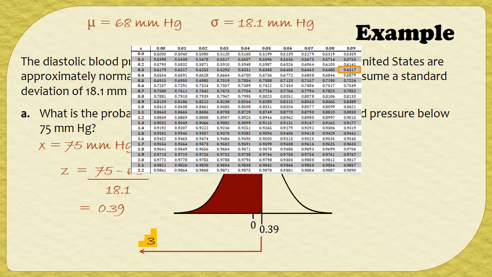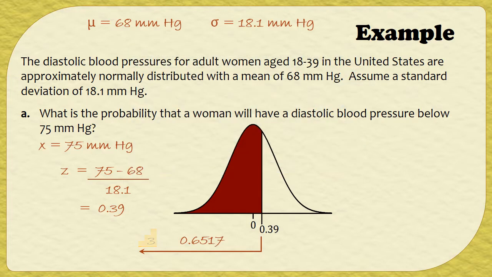That's going to be this value all the way to the right. It's in the row for 0.3 and the column for the one that has a 9 in it. That means I'm going to write 0.6517 on the line. This means that 0.6517 of the women in the United States will have a diastolic blood pressure below a z-score of 0.39.